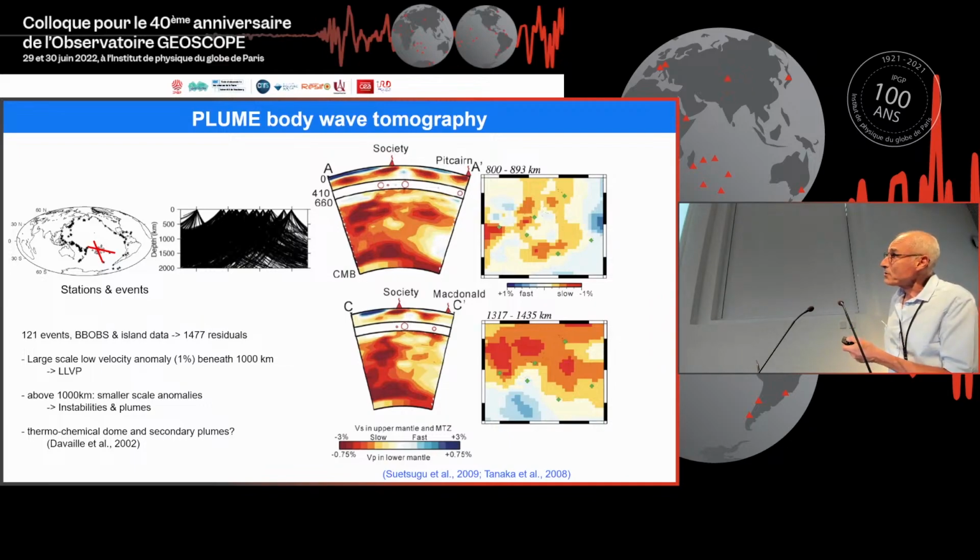Above this 1,000 km depth, they evidence some small scale structures in the uppermost part of the upper mantle and in the transition zone, likely corresponding to small scale instabilities connecting with large scale low velocity structures and the hotspot at the surface. This could be a good example of thermochemical dome and secondary plumes that were proposed two decades ago by Anne Davaille.